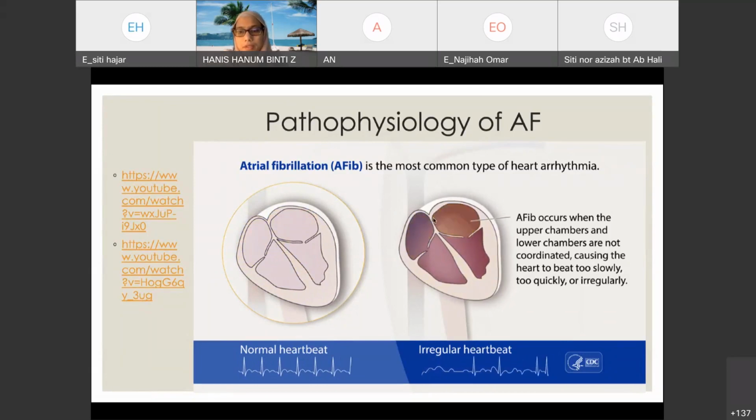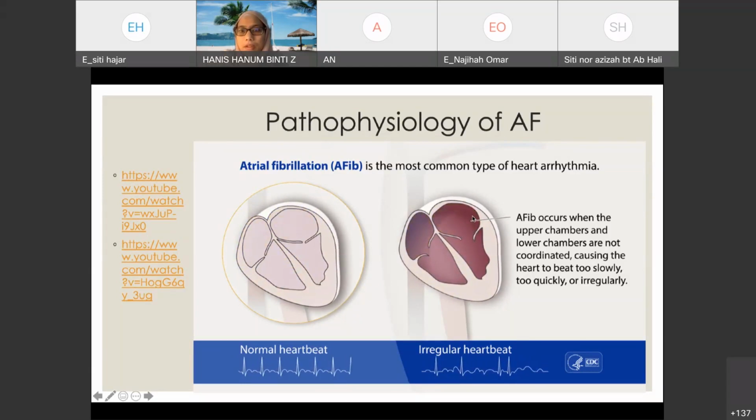Those who answered, you see, because of this irregular pattern of your heartbeat, okay, this is an area of high velocity. So if there is an irregular pattern of the electrical activity, blood clot can form over here at the right atrium, sorry, at the left atrium.